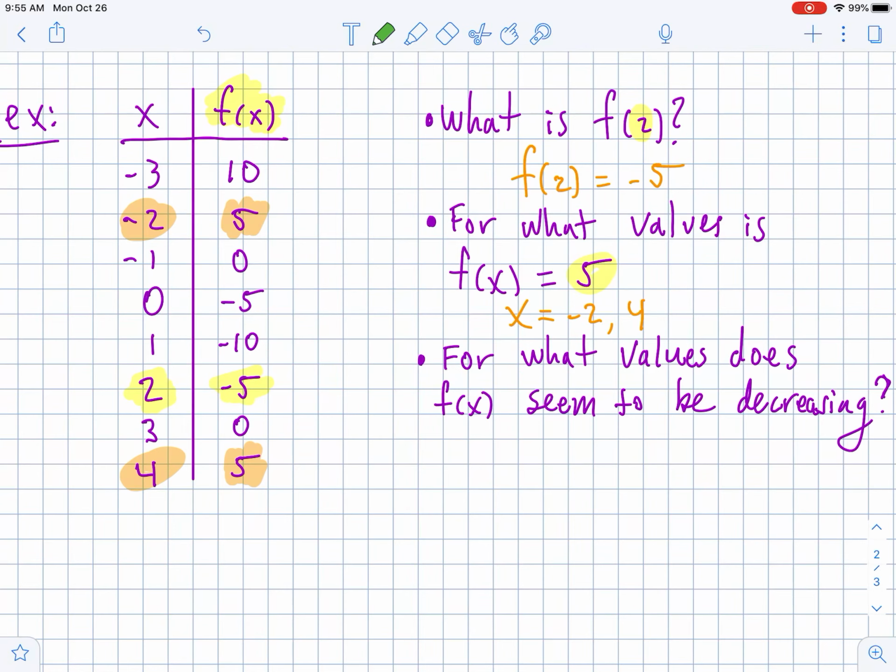For what values does f of x seem to be decreasing? So for this one, I kind of look in this whole column here to see when it's going up and when it's going down. So on the side, you can keep track of, to get from 10 to positive 5, that from here to here is a -5. Then to get from 5 to 0 is another -5.